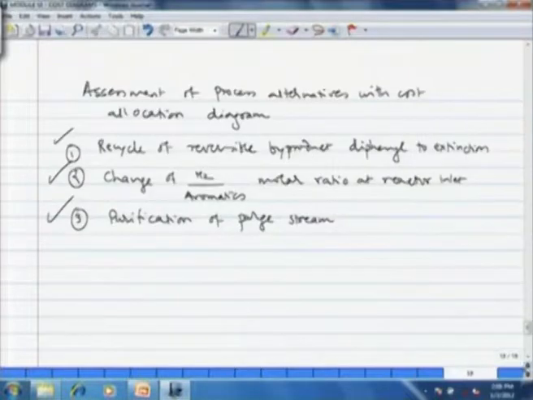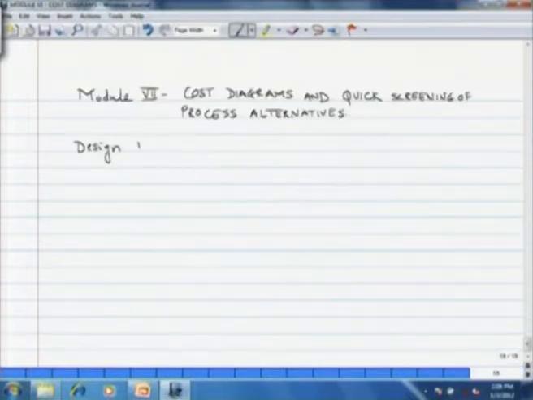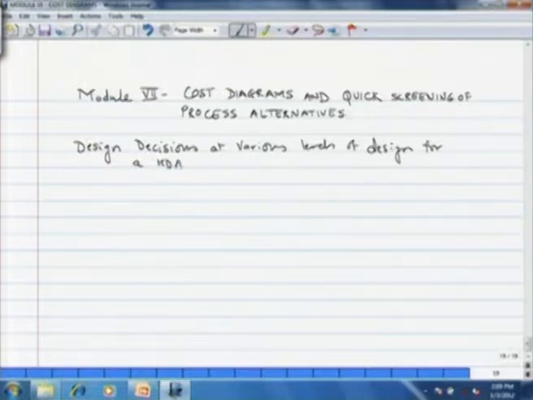Let us first list these process alternatives: the design decisions that we need to make at various levels of design for the HDA, hydrodealkylation process. I will not repeat the chemistry of hydrodealkylation, we have seen it several times before.